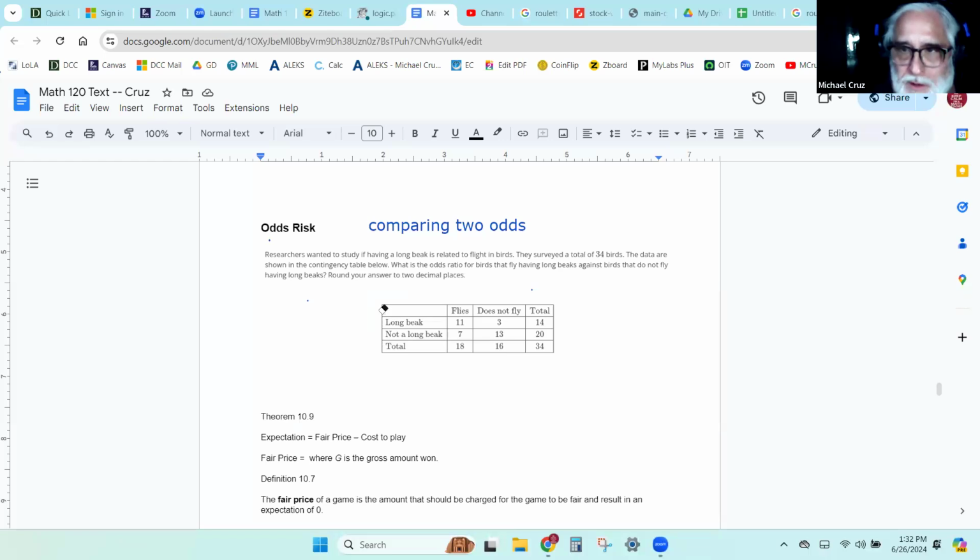So we're measuring fly, do not fly, long beaks. So this is basically just beaks to no beaks. I guess we could put the colon instead. So beaks to no beaks.